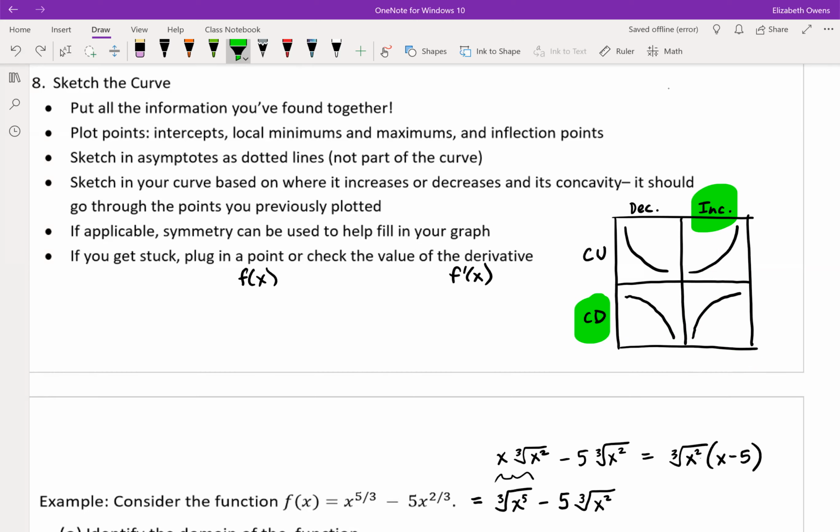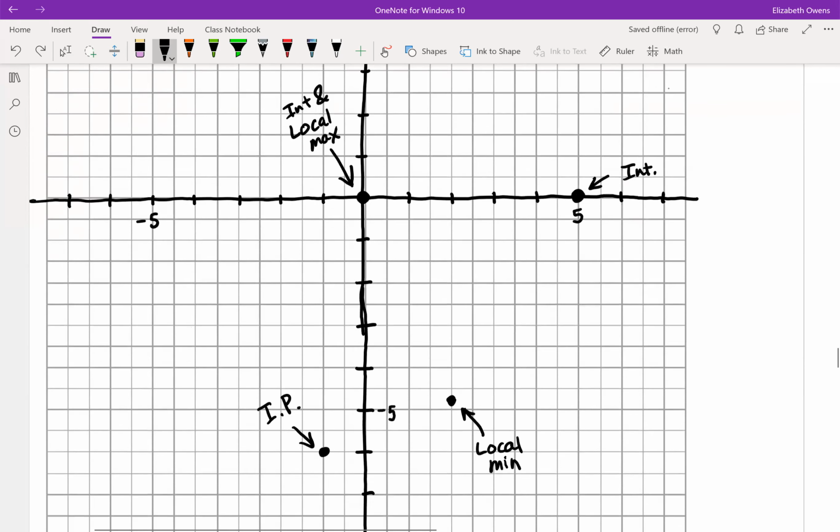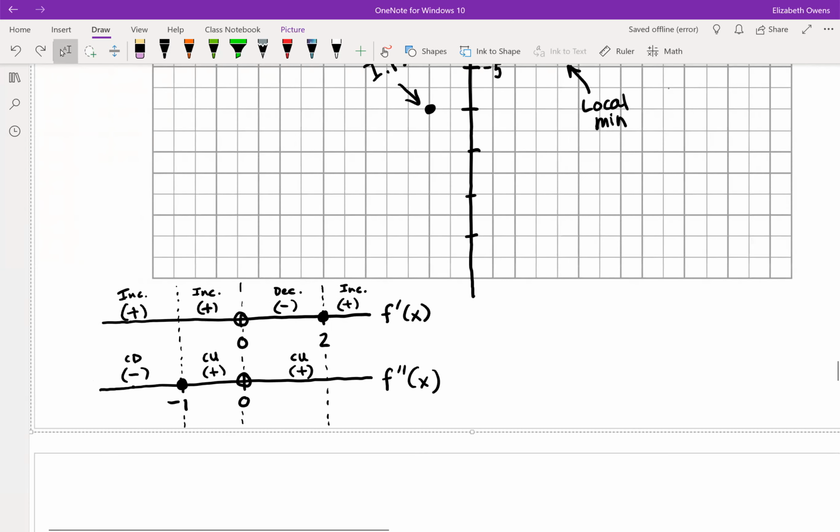Okay. So our graph is going to make this type of shape on the interval from negative infinity to -1. So let's go put that in. Swoop, swoop, swoop. Back down here. It's going to have basically this type of shape for concave down and increasing.